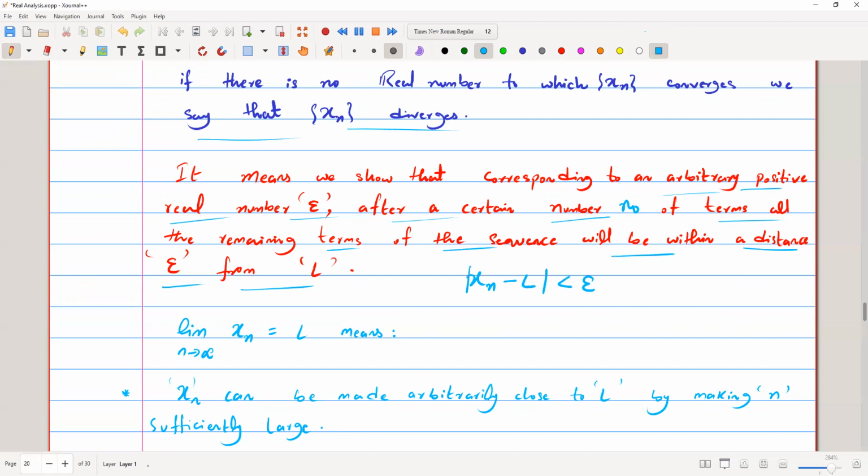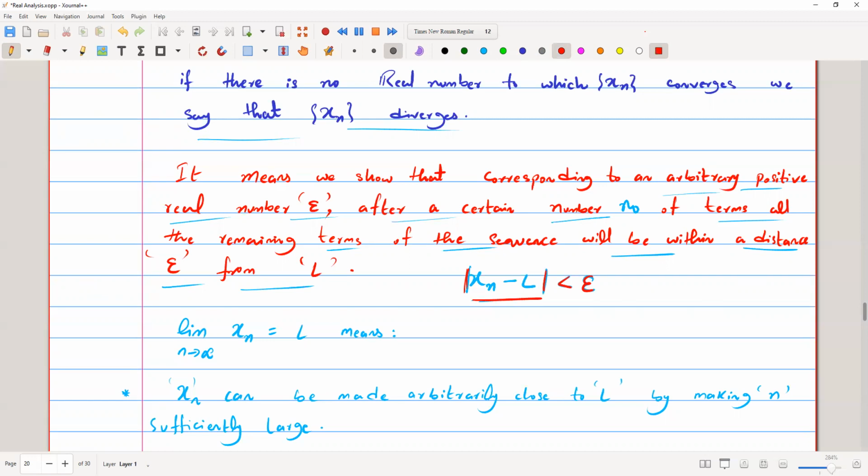So we are taking the distance from L for each term, and after some n naught, we get these distances within the epsilon distance.